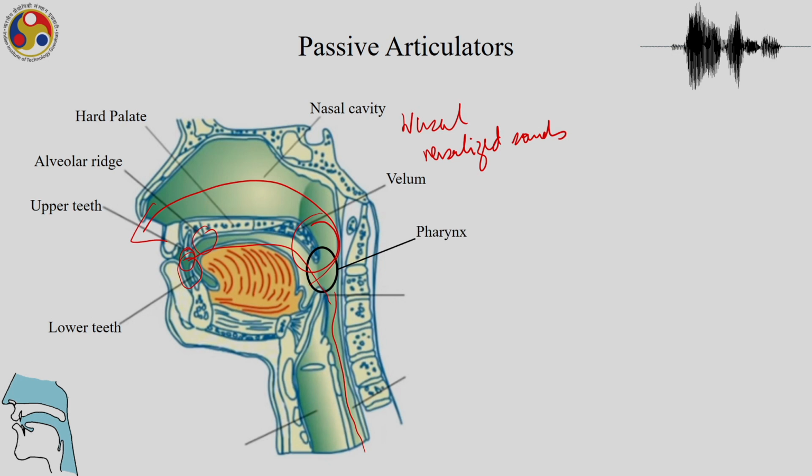And then we have the pharyngeal region, the epiglottis, which actually shuts off the passage through which our food passes, and then we have the esophagus, and we also have the trachea.